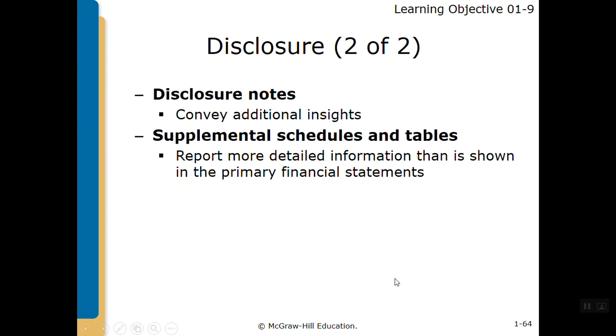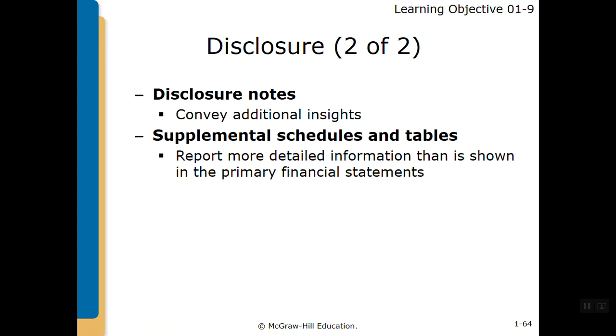And then sometimes there are supplemental schedules that are added to the financial statements to help describe some things. An example of something that might be disclosed that you wouldn't be able to tell just by reading a financial report would be if you looked on the balance sheet and saw accumulated depreciation. Well, you could see that there's accumulated depreciation for an amount, but that wouldn't really tell you how that accumulated depreciation was calculated.